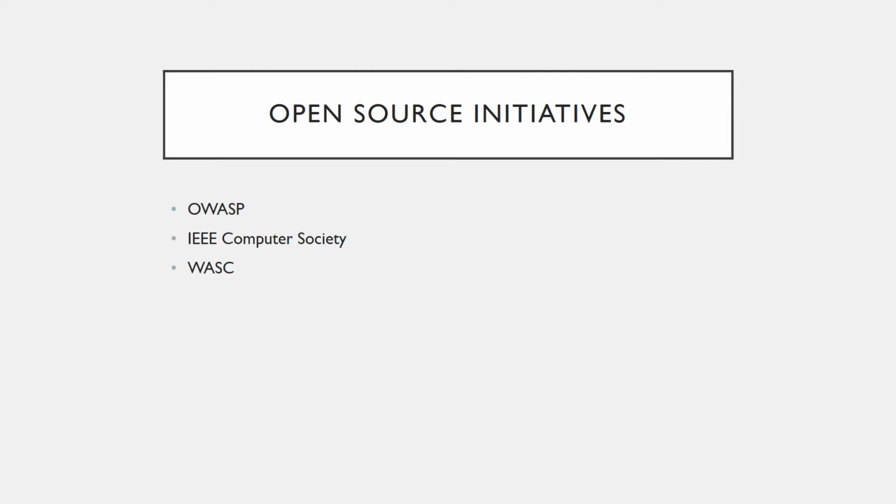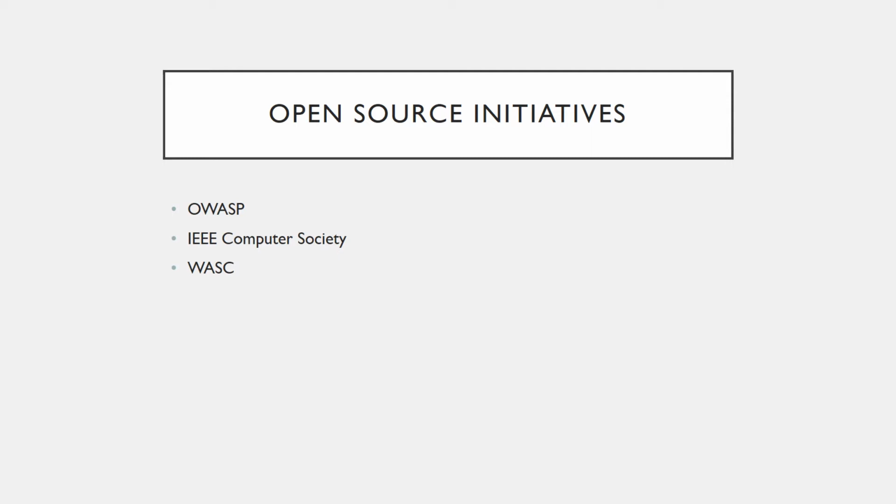So to start with, we have the open source initiatives, and open source has a lot of advantages, in that different developers can add to it, and everyone can see what's going on. It's very interactive in that way. One such initiative is OWASP, which is the Open Web Application Security Project, which mainly deals with application security as a people, process, and technology problem.